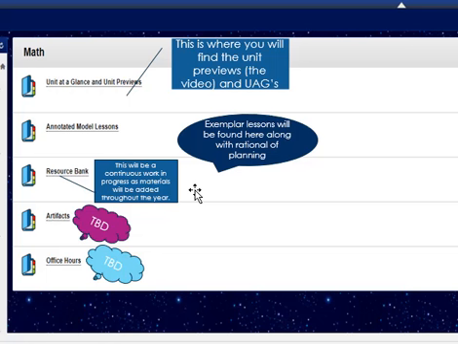At any time that you have a suggestion, like, hey, I think 5th grade across the board can use this resource, just shoot me an email. I'll look it over, and then, if it's doable, I will add it to the resource bank so everyone will have access to it.